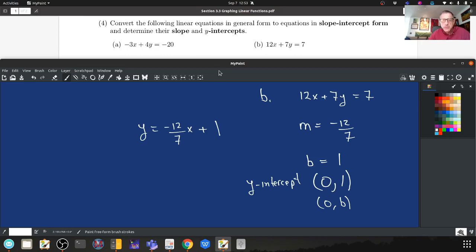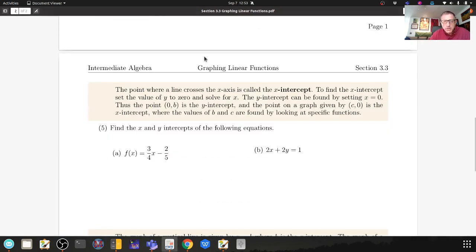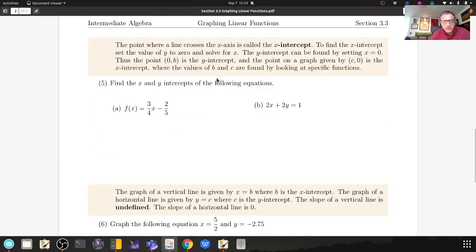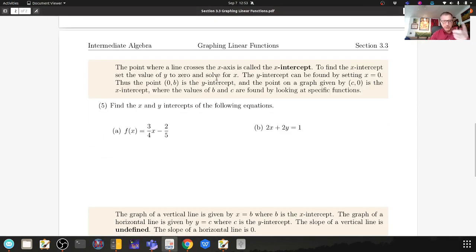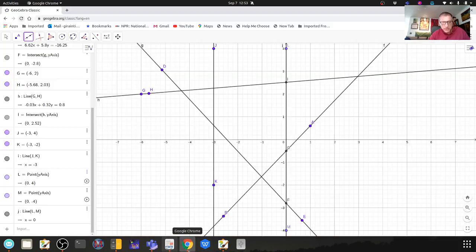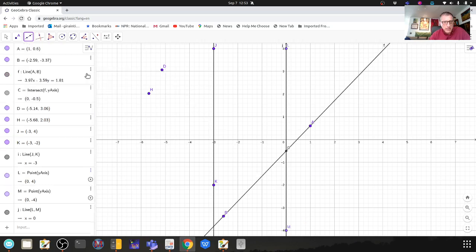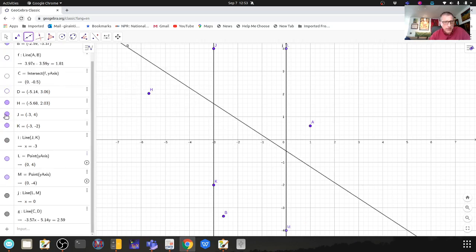Okay, so let's go on. So let's graph linear functions. But I'm going to introduce you to a new concept. Let's go back over to GeoGebra and get rid of a lot of these. Delete, delete, delete. Probably just easier to turn them off, right?